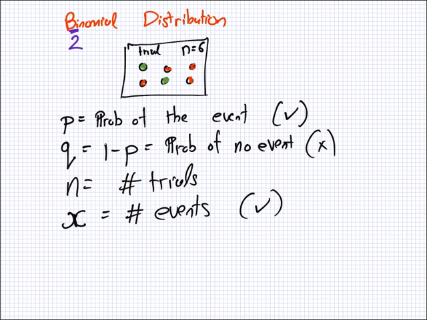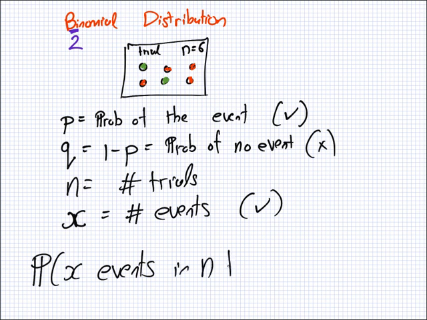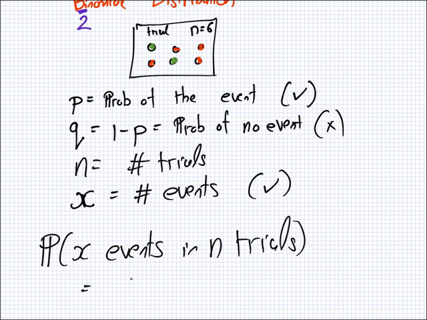So the formula is the probability of x events in n trials equals nCx times p to the power x times q to the power n minus x.